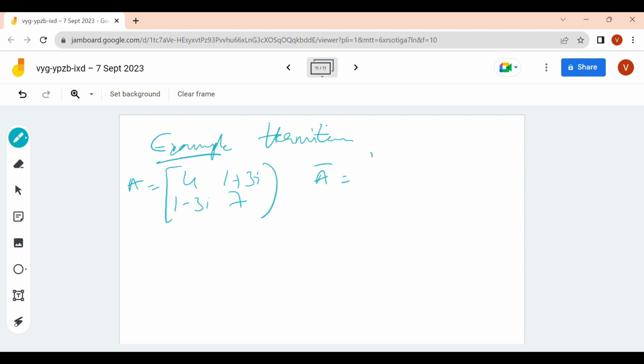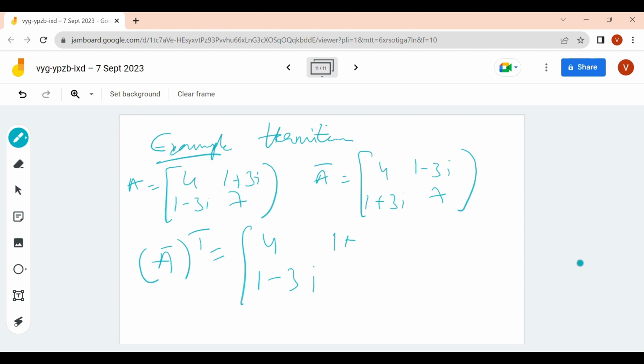A bar is 4, 1 minus 3i, and 1 plus 3i, and 7. Generally this is possible for square matrices only. And A bar transpose gives 4, 1 minus 3i, 1 plus 3i, and 7. So these two are the same. This is the example for A equal to A bar whole transpose, the example for a Hermitian matrix.